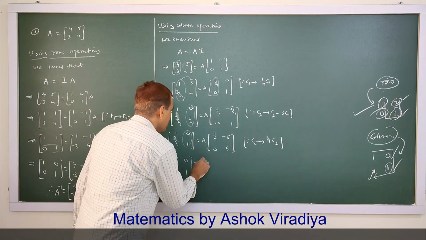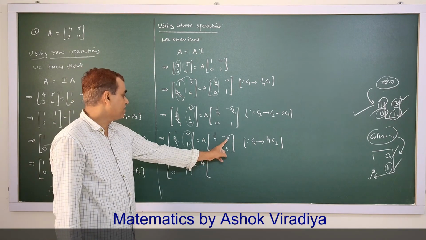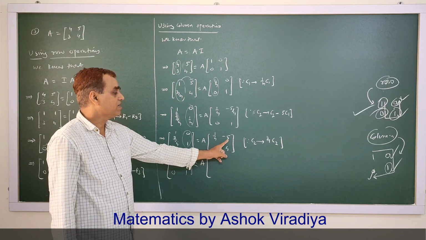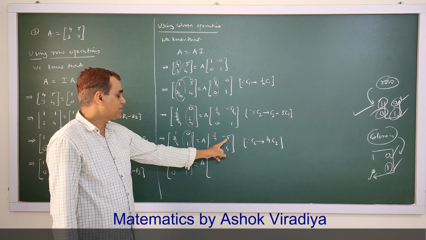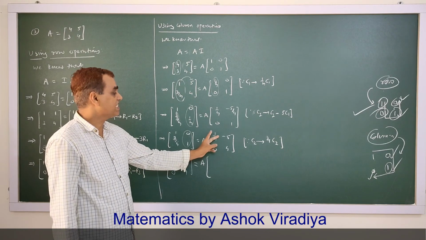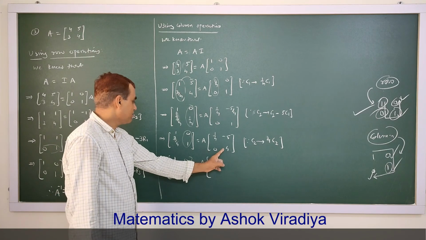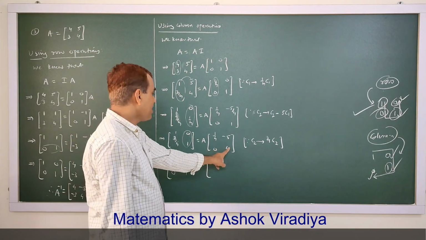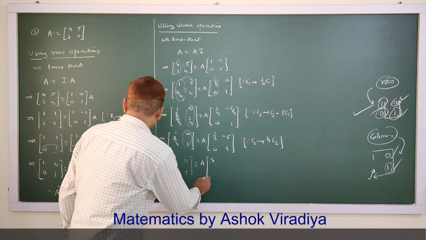Similarly here, multiplying this by 3 by 4, so minus 15 by 4. Minus 15 by 4, subtract here, so plus 15 by 4. Total 16 by 4, that is 4. Here multiply this by 3 by 4, we get 3. And subtract 3, so here minus 3.